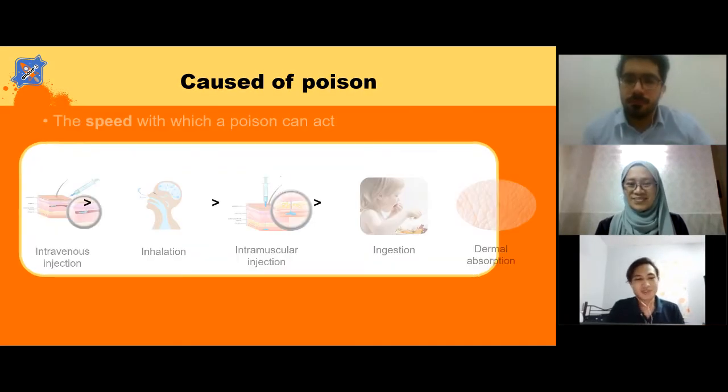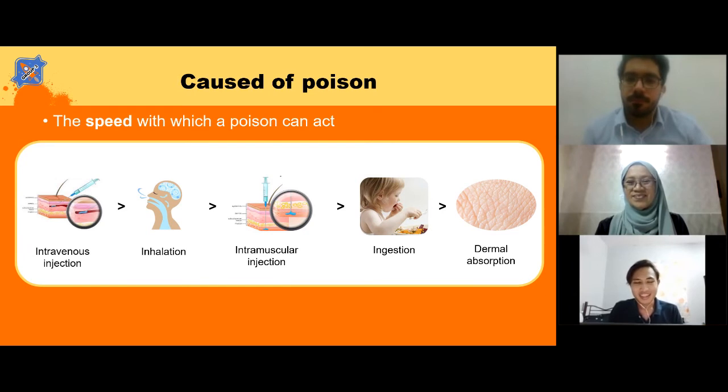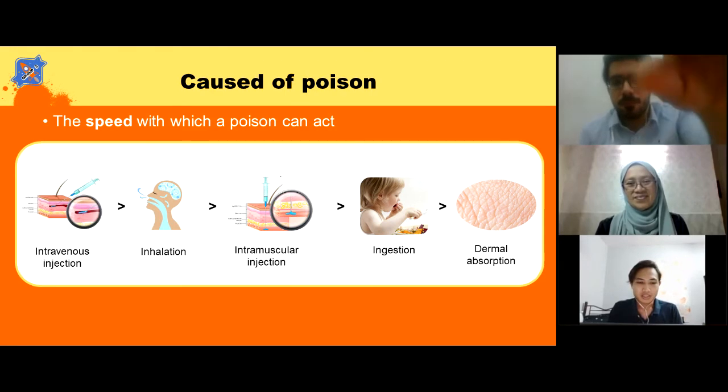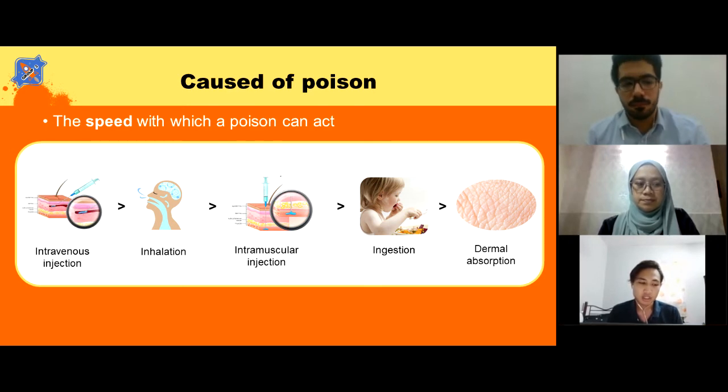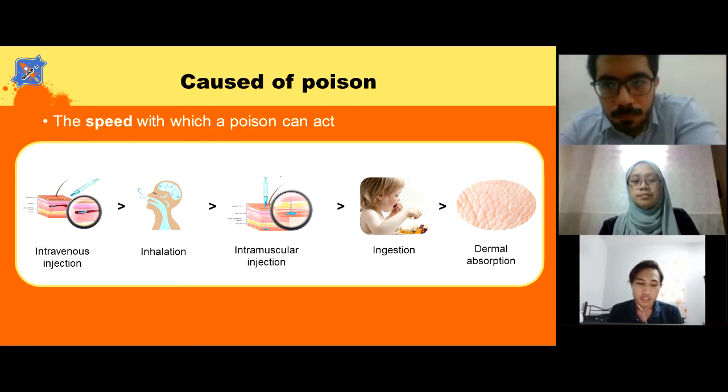So the speed with which the poison acts can be influenced by the different ways in which the poison enters our body. The first and the most dangerous way is when the poisons enter our body through intravenous injection, in which the poisons enter through injection into our vein. Next is through inhalation, when we inhale the gases into our lungs.